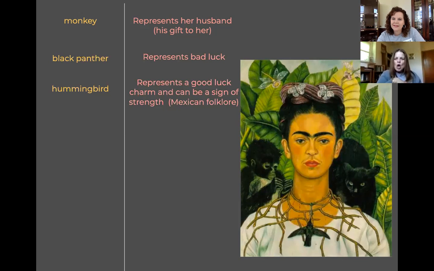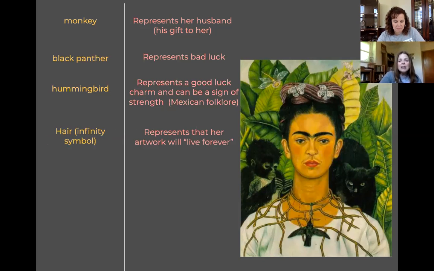I noticed that she has an infinity symbol on top of her head. And so I wonder if that is to represent her art and that her art will live forever. I also noticed that it is a different color than the rest of her hair. So I think by using the infinity symbol and different colors, it is to have her art stand out.